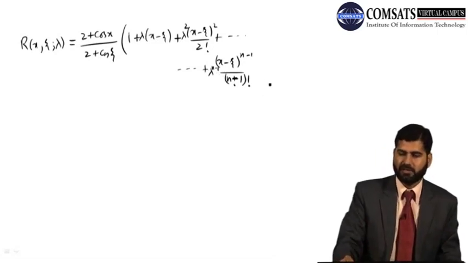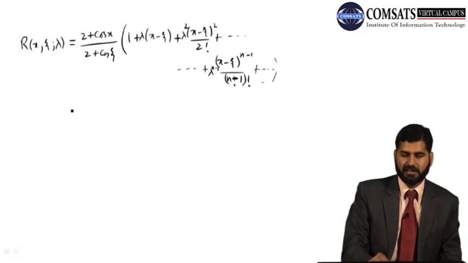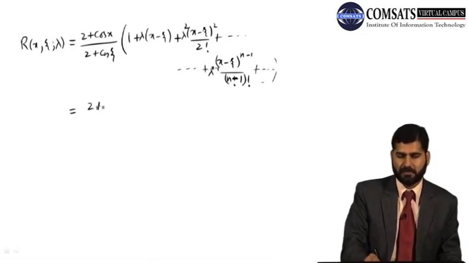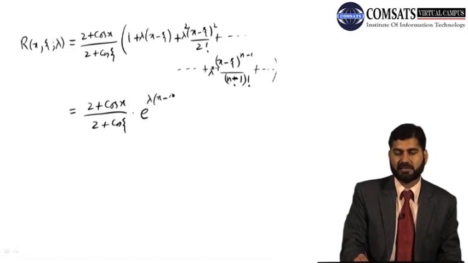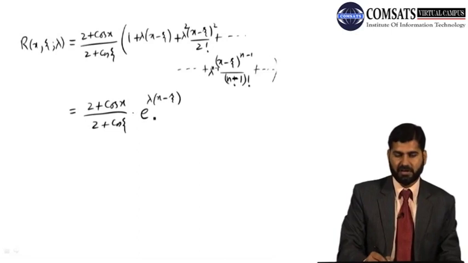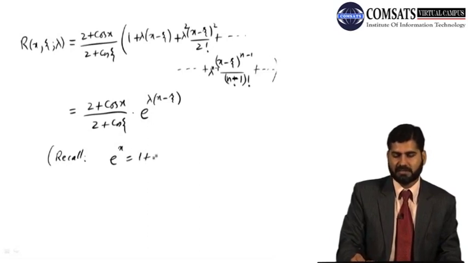All right, so again you can write the compact form. If you recall, this is the Maclaurin series of e to the power lambda (x minus xi). Right? If you recall, e to the x is 1 plus x plus x squared by 2 factorial plus x cubed by 3 factorial plus so on.